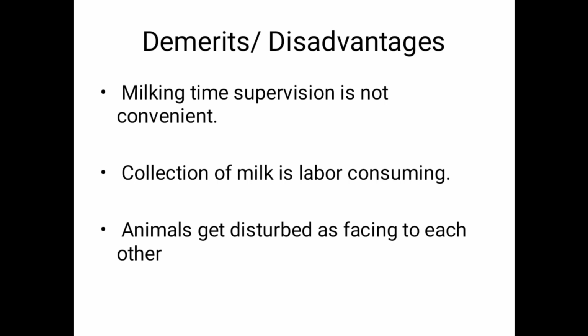As the heads are facing each other, their tails are facing outside, at the outer side of the animal house. So if the supervisor or the manager has to have a look whether the milking is carried out properly or not, it will not be convenient for him to observe the milking procedure.